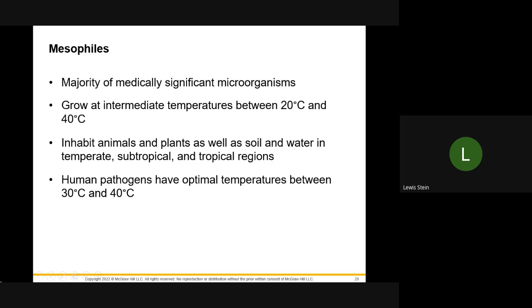Some organisms grow at temperatures roughly 20 to 40, maybe up to 45, depending on the author. Animals, plants, soil, water, temperate climates. That's us. Most human pathogens are human pathogens because their optimal temperature is right around our temperature. Some diseases favor cold.